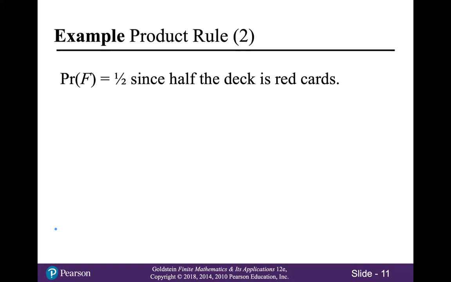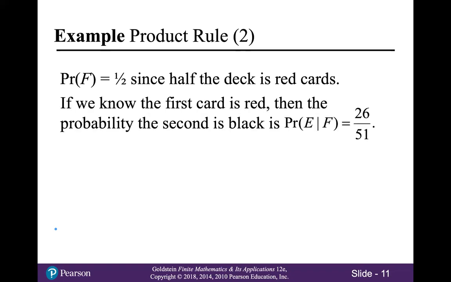The probability of F is 1/2, since half of the deck consists of red cards. And if we know the first card is red, then that means that what remains in the deck after a red card is taken out is 26 black cards and 25 red cards. In other words, 51 cards left, 26 of them are black.